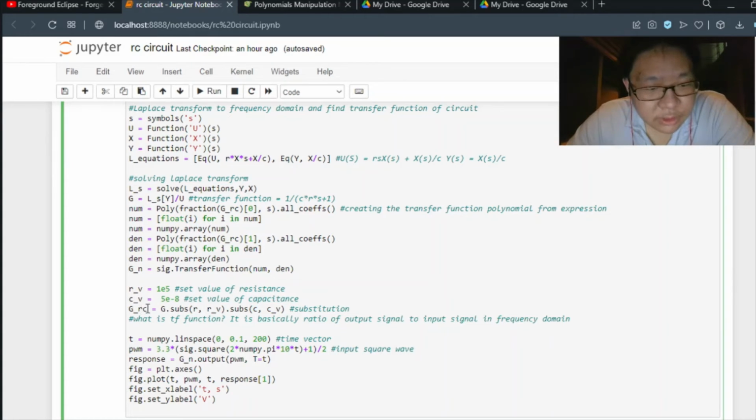And then we have to substitute this into the transfer function, because here it's dependent on R and C. Then we can set the t, which is the time or the period that we want to observe, and we also can set the input signal, which is generally a square wave. Yep, and then here's the square wave that I set. It's just a random one, and then we can plot it.